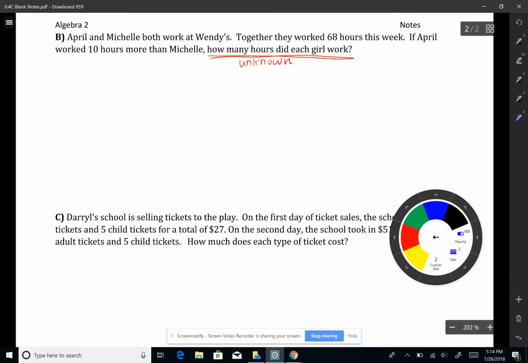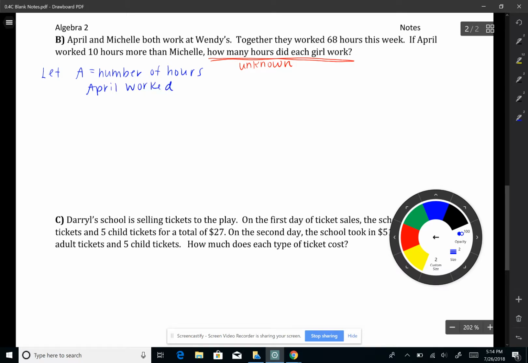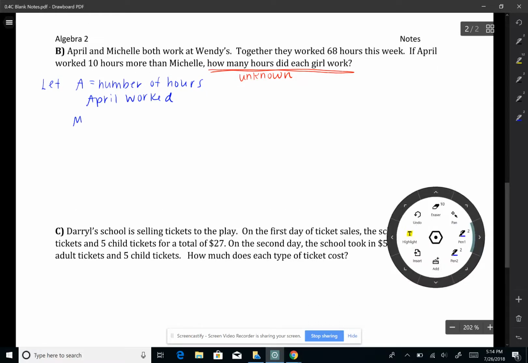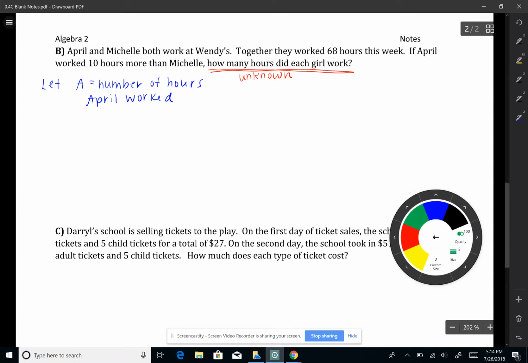So I'm going to say, let A equal the number of hours April worked, and let M equal the number of hours Michelle worked.